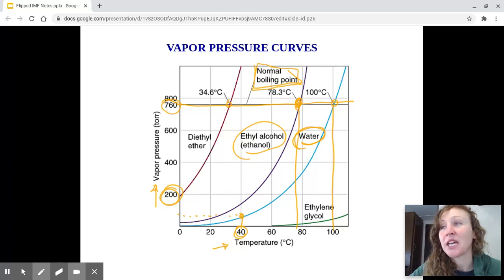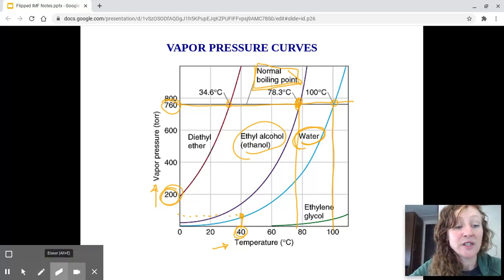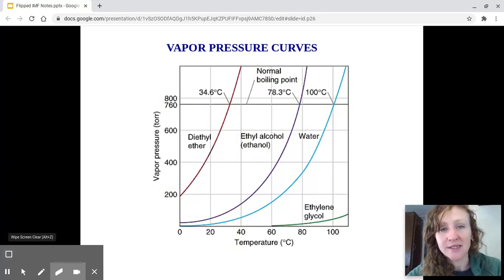That has implications for distilling, right? We could bring the temperature up to 80 degrees Celsius and boil off ethanol, but the water in our solution wouldn't actually boil yet. It wouldn't be at the boiling point for water. So it has implications for things like physical means of separating mixtures like distillation.